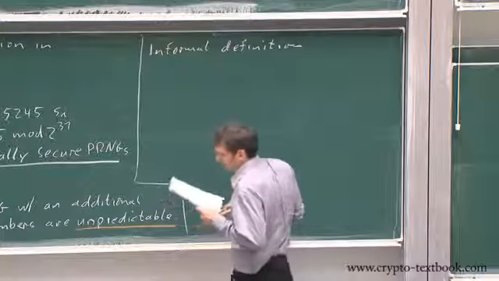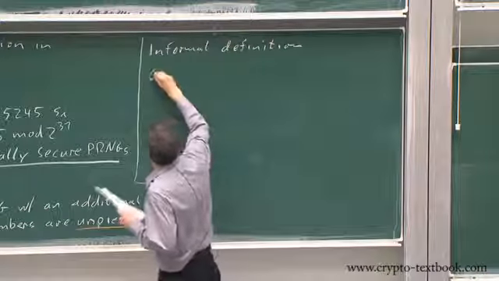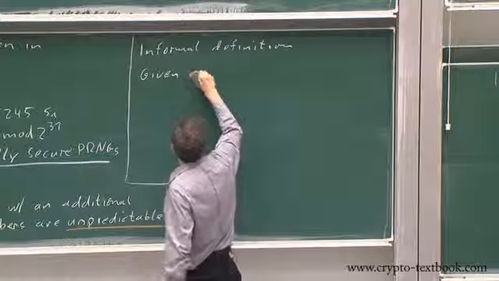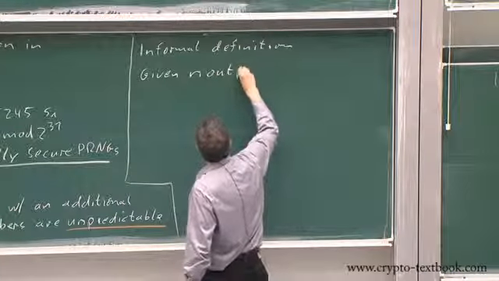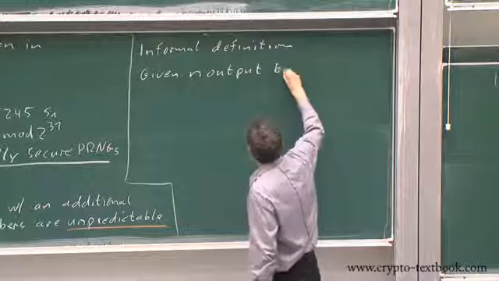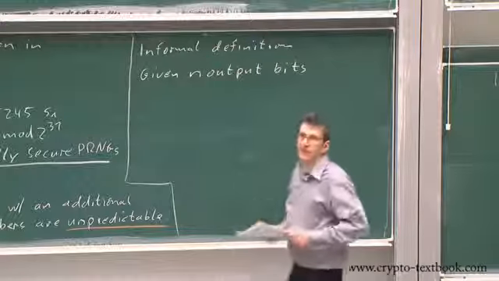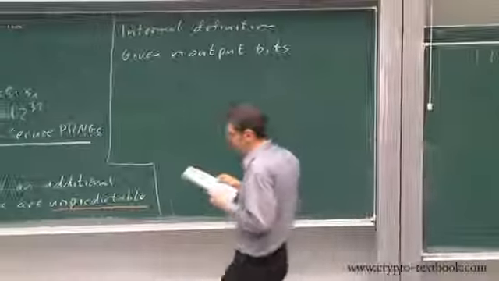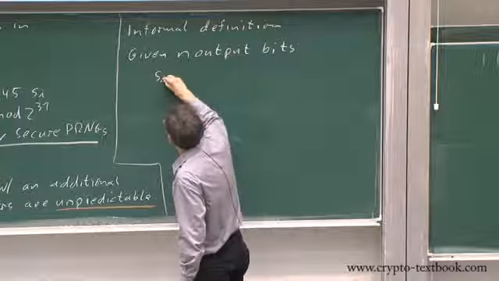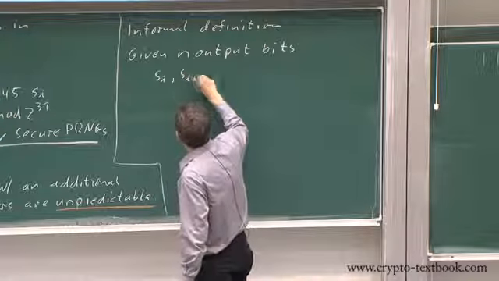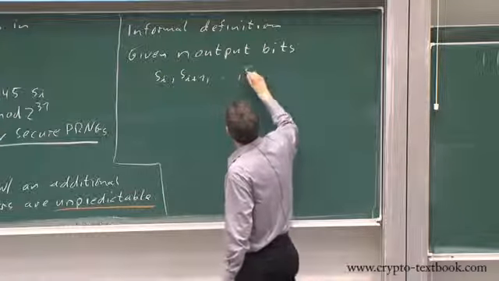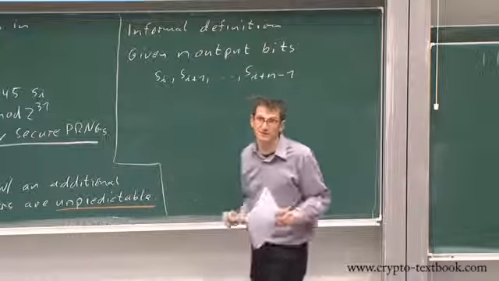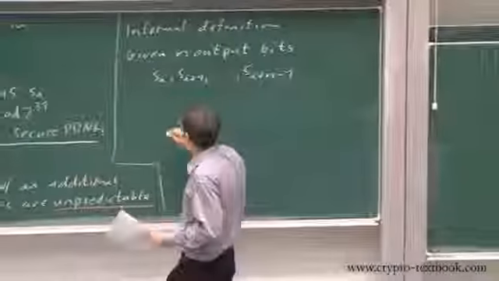The informal definition is given. I give you n output bits, let's say n = 1000. That means I give you 1000 bits, s_i+1 up to s_i+n-1. So I give you 1000 bits. And what happens then?